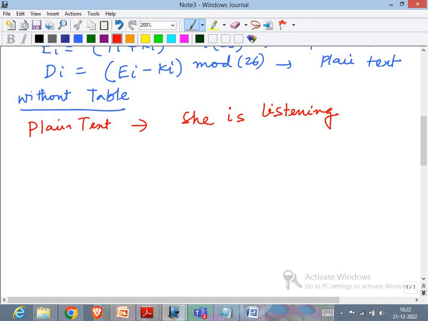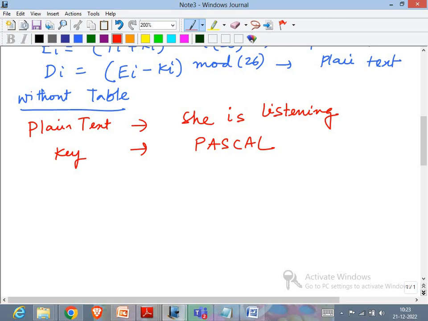She is listening is the plain text, and we have a key which is Pascal. Even here also, don't consider the capital letters, small letters, those things are not factored here as such. The algorithm is what we are looking at. So the plain text and the key are provided, and we don't have a table. We don't need the table.